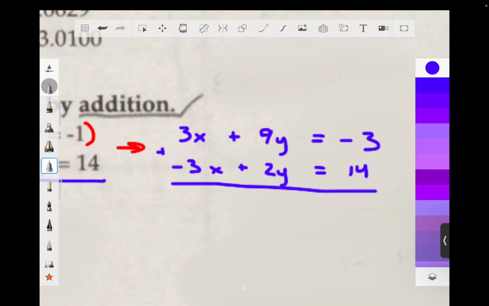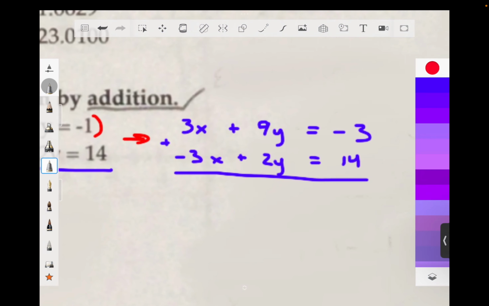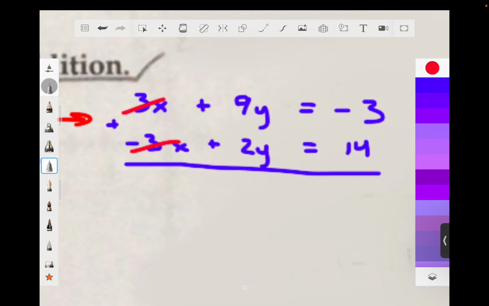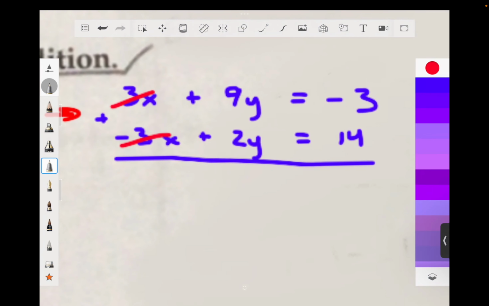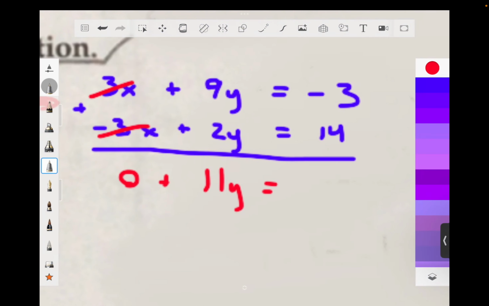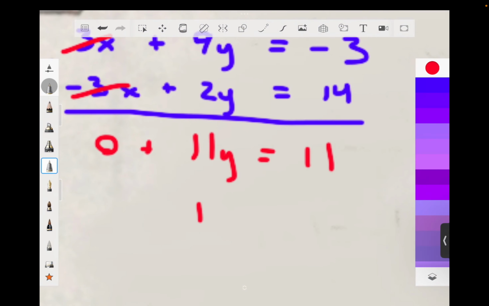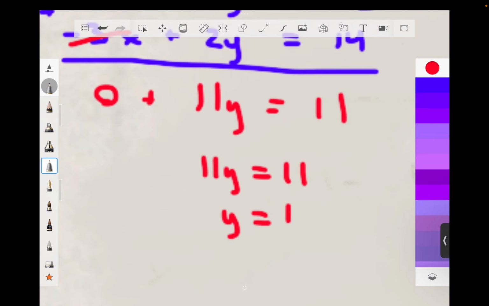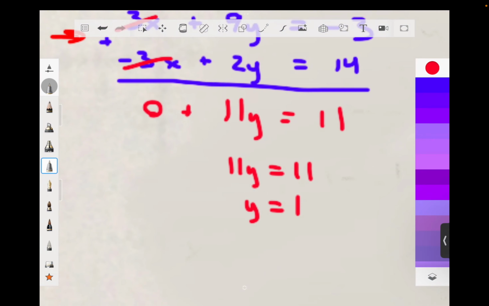And we're still adding this equation. All right, now when we add both equations together, we have this positive 3x and this negative 3x. They cancel each other out because 3x minus 3x is 0. And now 9y plus 2y is going to be 11y. And then negative 3 plus 14 is going to be 11. So we're left with 11y equals 11, which of course is going to be equal to 1 because you divide by 11 on both sides and you get y equals 1.